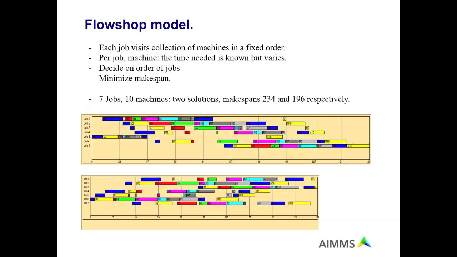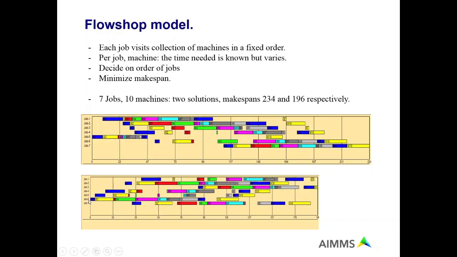And then you have to decide on the order of the jobs, and depending on the order of the jobs, the makespan varies. You can see that here in two solutions. In a Gantt chart, if you start with job 5 and then do job 1, 2, and so forth, you get a solution that takes 234 time periods, time slots, so to say.